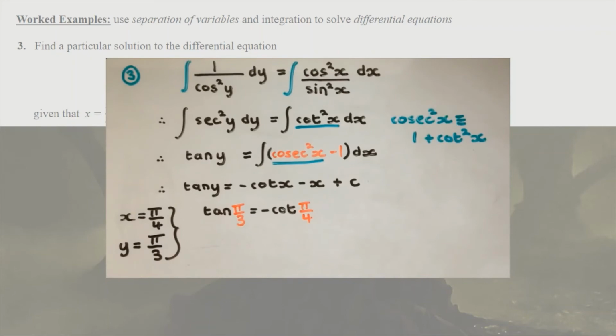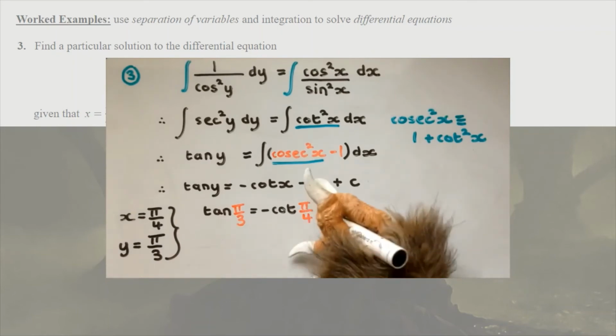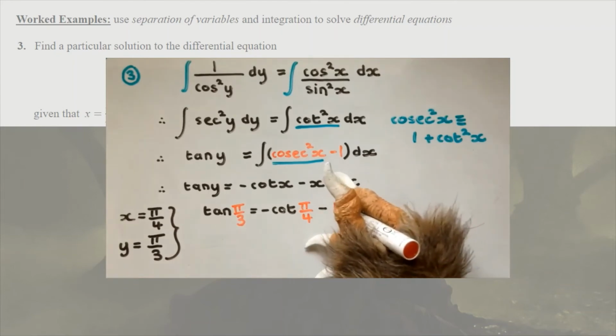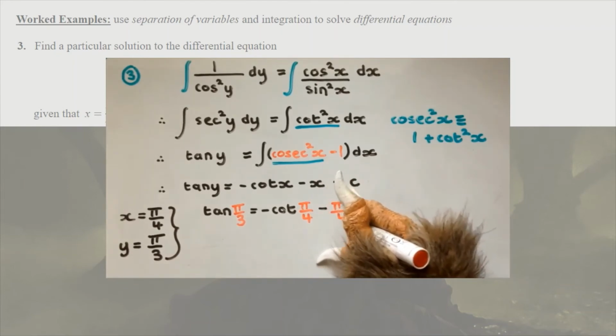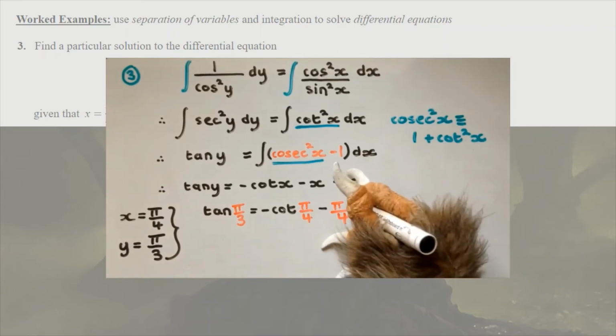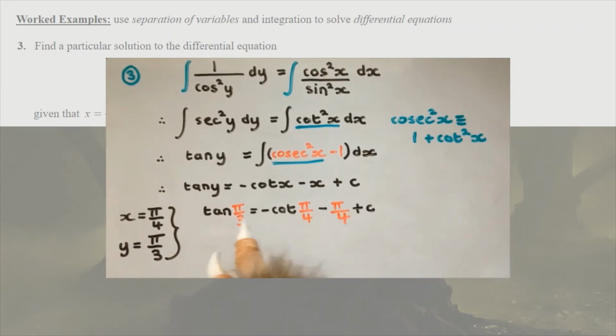And then we also have to subtract x before we can add c. So that's subtract pi over 4 again and add the constant of integration. We'll now rearrange this to make c the subject and evaluate these trig functions. So tan of pi over 3, you can do that on your calculators. It is a standard result. That's going to give you root 3.